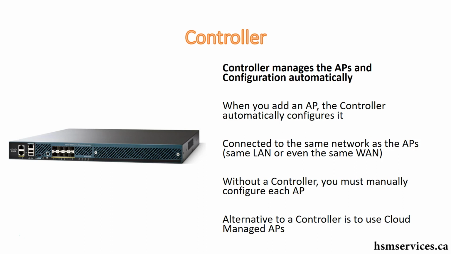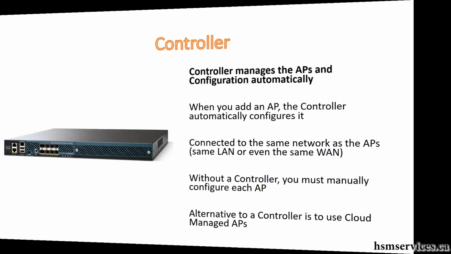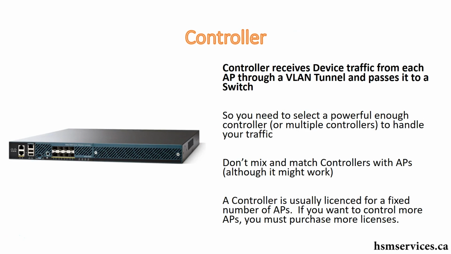Or, alternatively, you can use a cloud-managed AP like a Meraki, and then you don't need a controller. You can just configure the AP through the web browser, and we talked about that earlier. So, the controller talks to the AP.